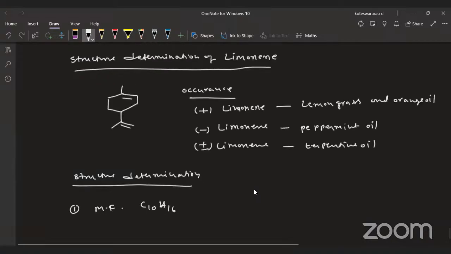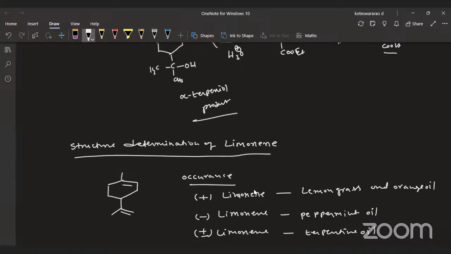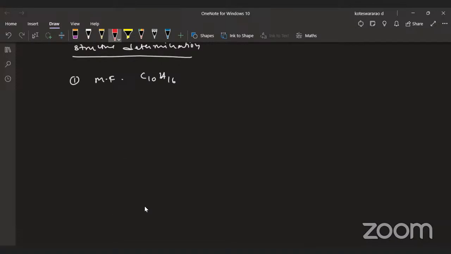Look at the structure here. Whatever optical center is present in the alpha terpineol, the same center is present in limonene also. This is the optical center, right? Optically active means that limonene exists with at least one chiral center. You write it down.